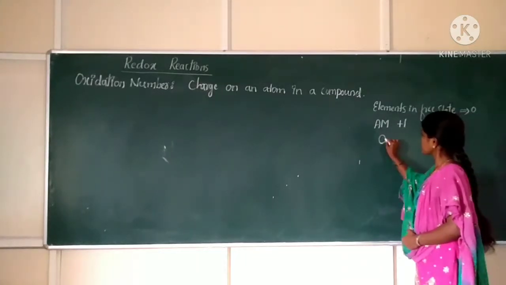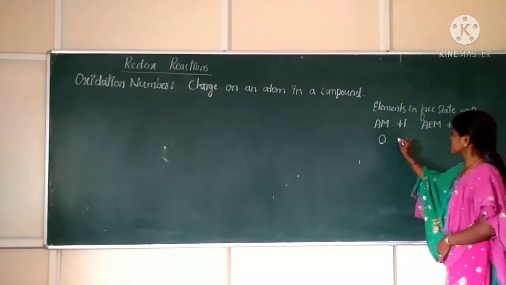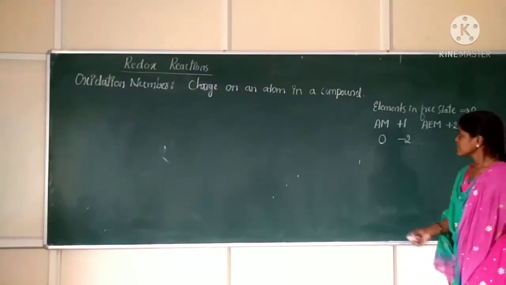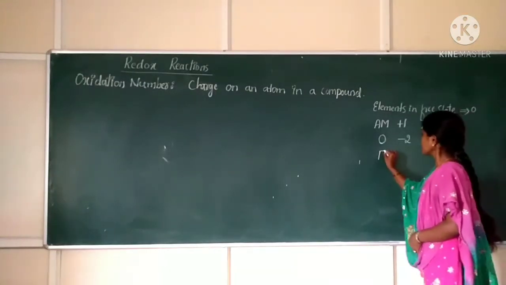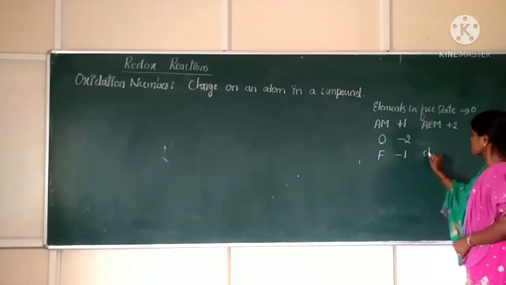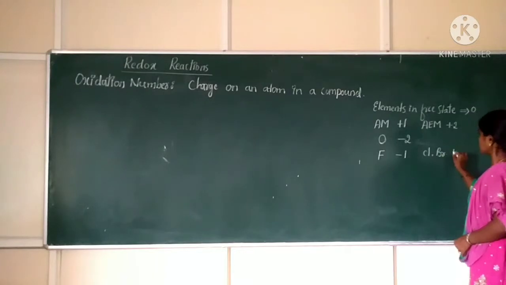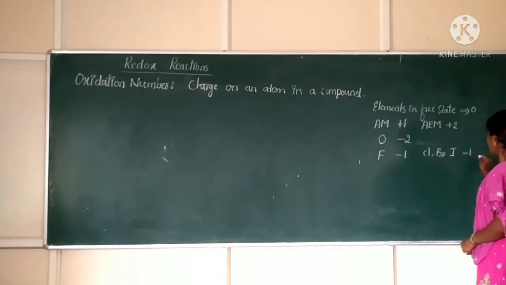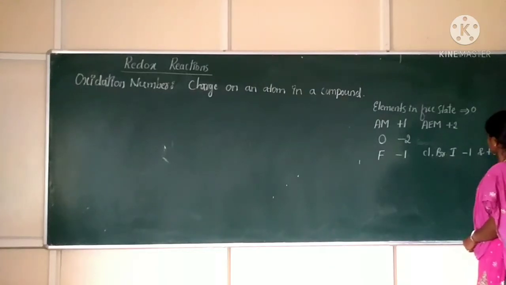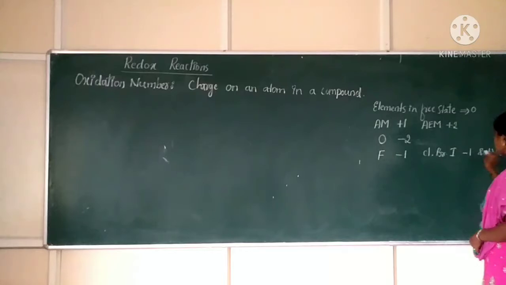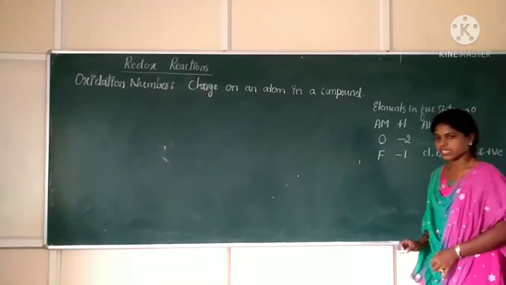Oxygen, in most compounds, has oxidation number of -2, with some exceptions. Fluorine always has -1, whereas chlorine, bromine, iodine have -1 as well as positive oxidation numbers.